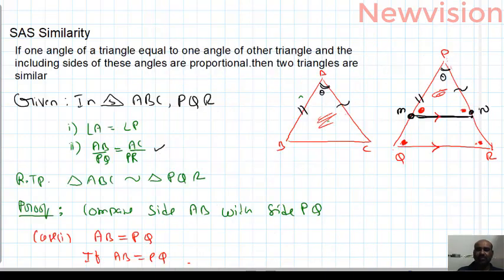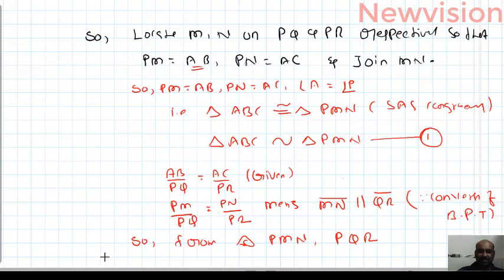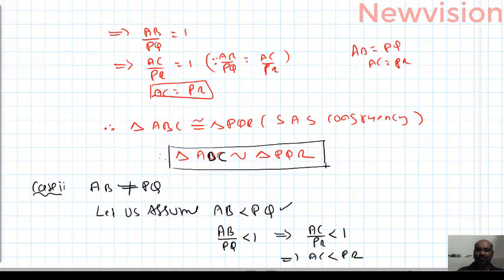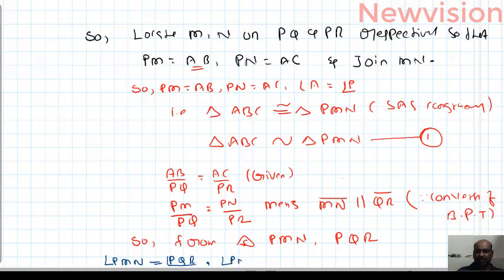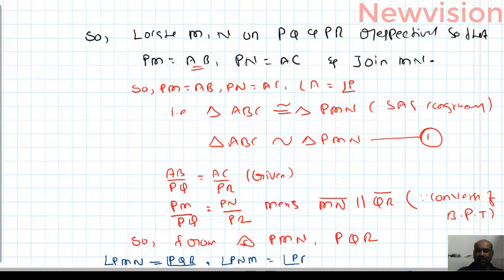Just now I see angle M equal to angle Q. Angle PMN equal to angle PQR, comma, angle PNM equal to angle PRQ.